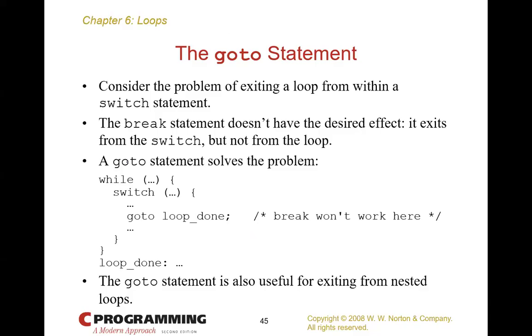Consider the problem of exiting a loop from within a switch statement. So the break statement doesn't have the desired effect. It exits from the switch, but not from the loop. Okay, so let's assume we have a while, and then in the switch, we have a critical condition.